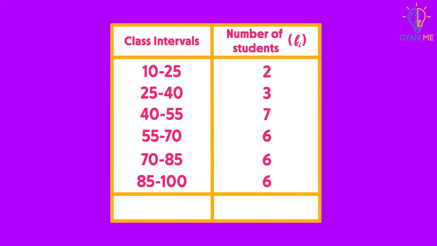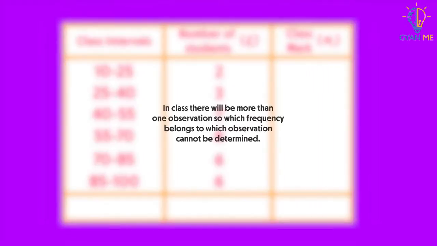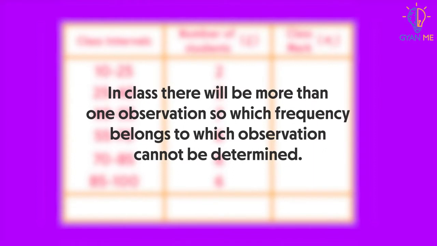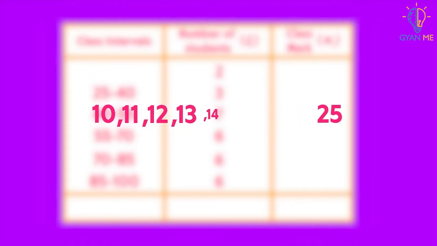We will have to find its midpoint, also called as class mark. This is because in class there will be more than one observation. So which frequency belongs to which observation cannot be determined. For example, in a class of 10 to 25, there are marks ranging from 10 to 25.